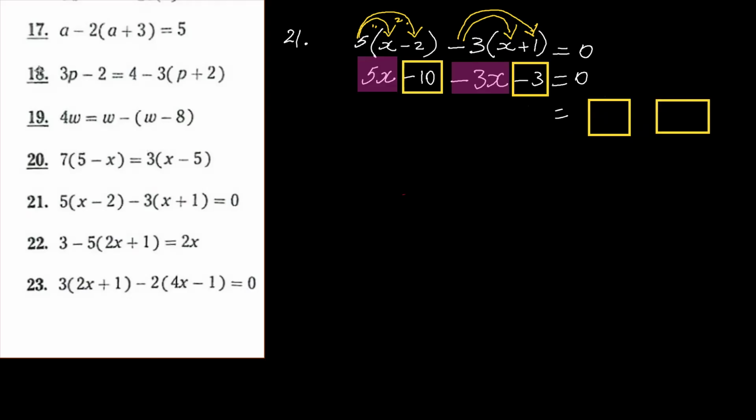Send your answers to my WhatsApp. If you sent it, send it again. So you have 5x minus 3x, but you have to take the -10 and the 3 to the other side. Tell me what you're going to get.